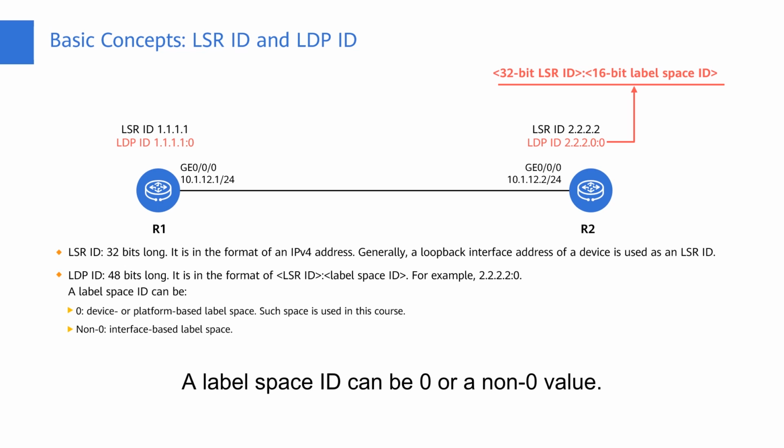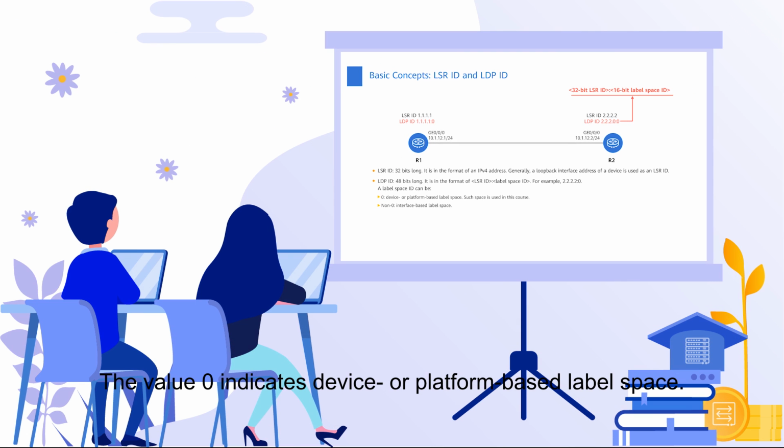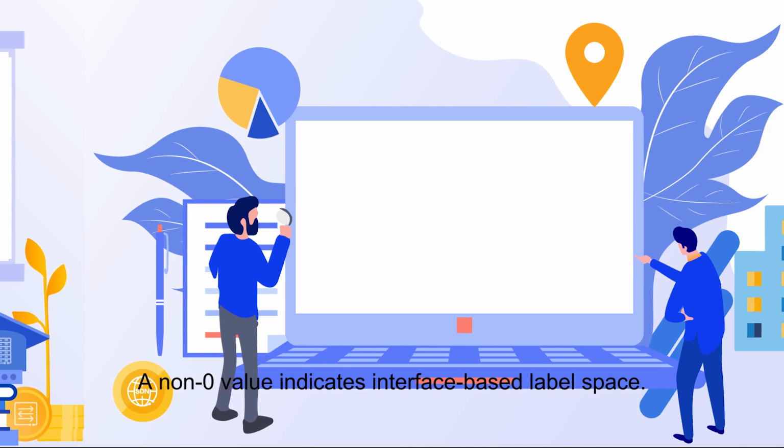A label space ID can be 0 or a non-zero value. The value 0 indicates device or platform-based label space. Such space is used on LSRs in this course. A non-zero value indicates interface-based label space.